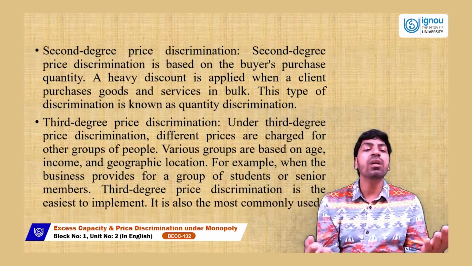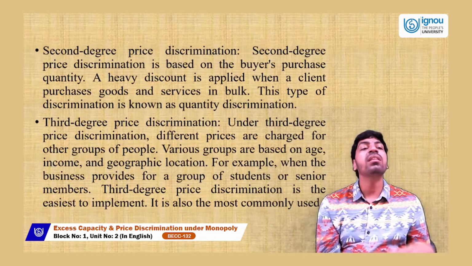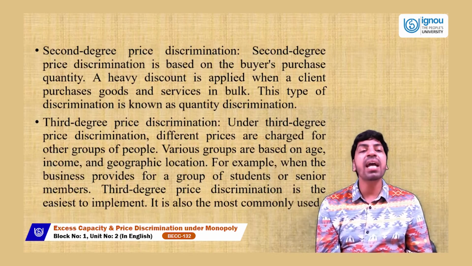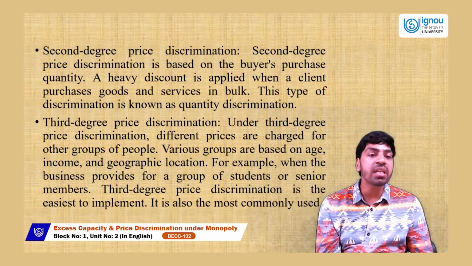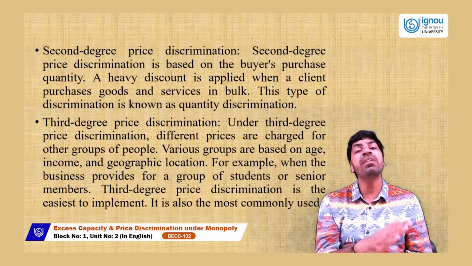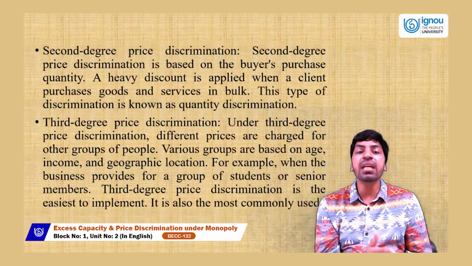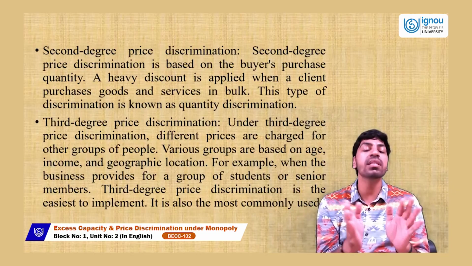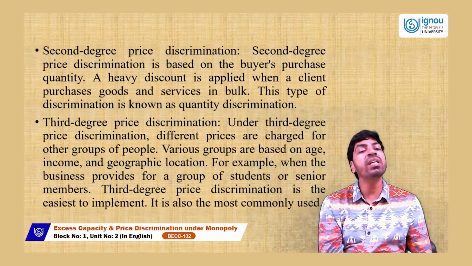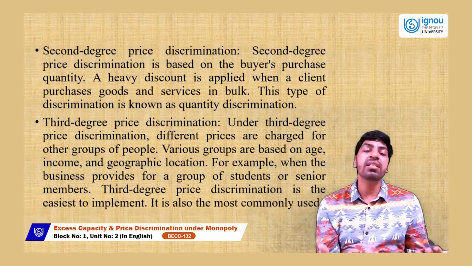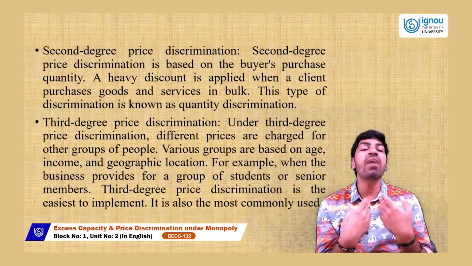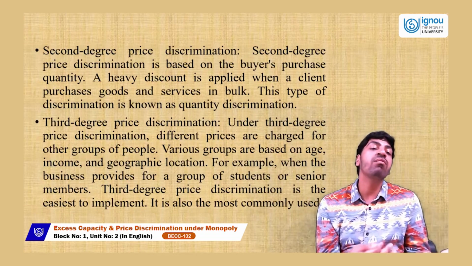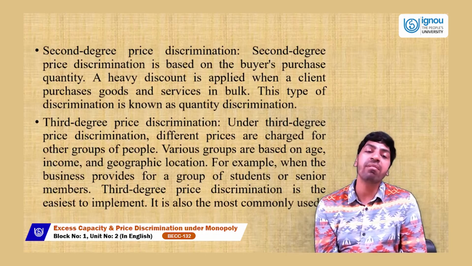In this strategy, the firms will charge different prices according to the quantities of goods purchased in bulk, and the firm will apply a heavy discount. For example, if I want to buy 500 quantities of rice, the firm will give me a heavy discount for the 500 quantities.